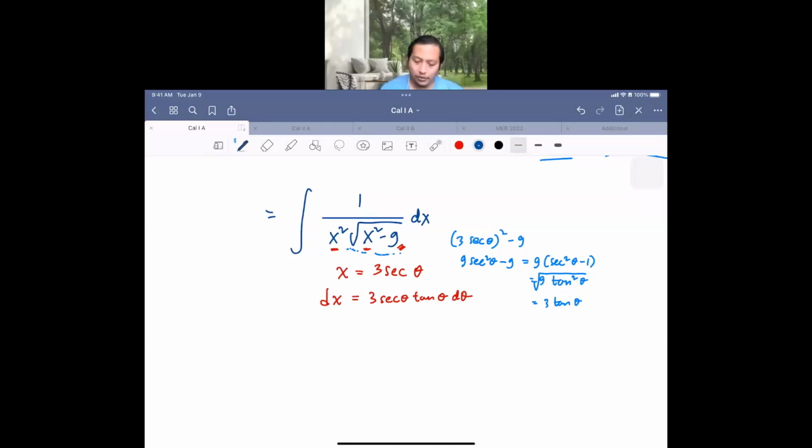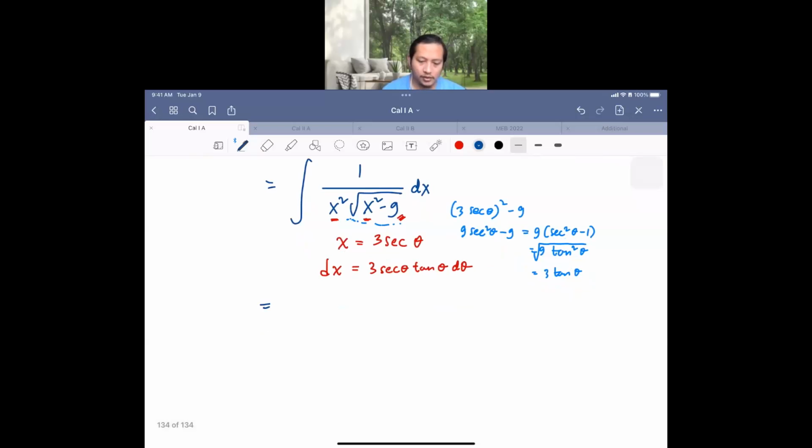Okay, sorry. So if we have this, the dx will be 3 secant theta tangent theta d theta, and then x squared is 9 secant squared theta, and the square root of x squared minus 9 will be our 3 tangent theta from here.